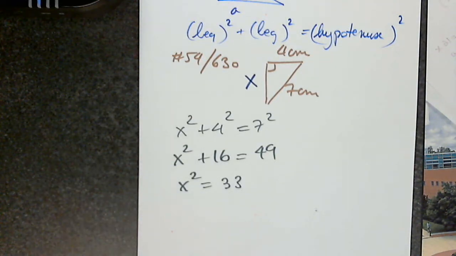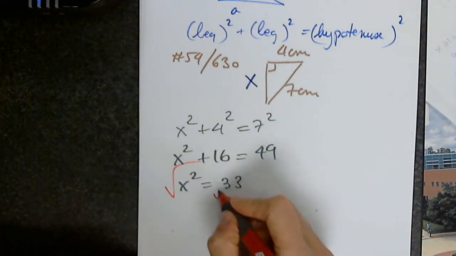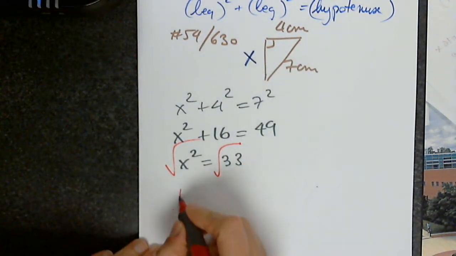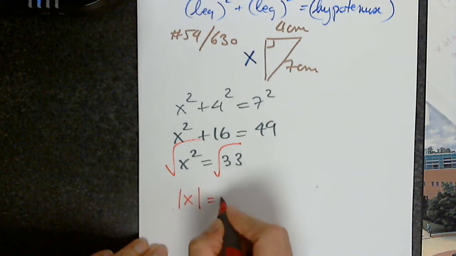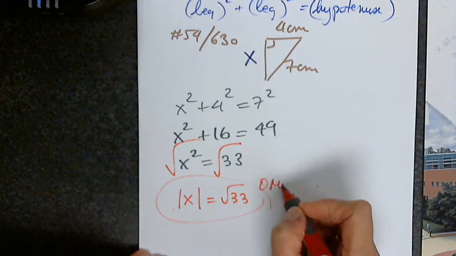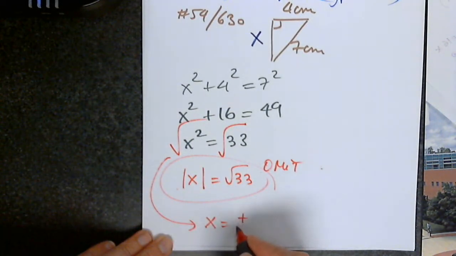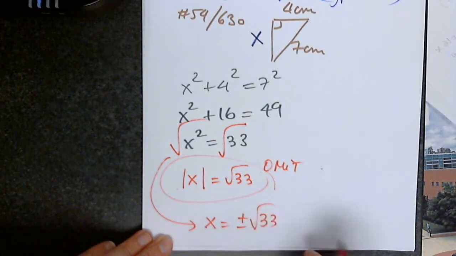I'm not raising both sides to a power. I'm applying the square root to both sides. Every time I apply the square root, remember, I should get the absolute value of x equals the square root of 33. We omit this step, and we go directly to writing x equals plus or minus the square root of 33.